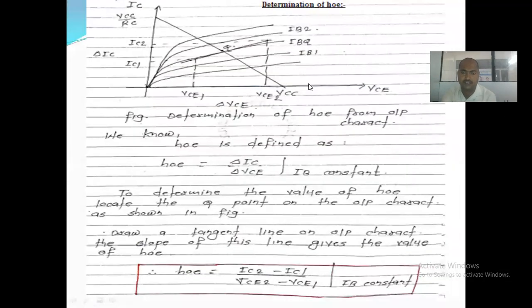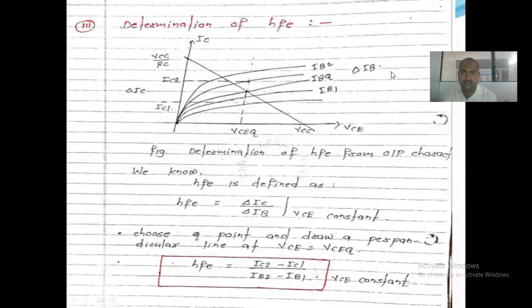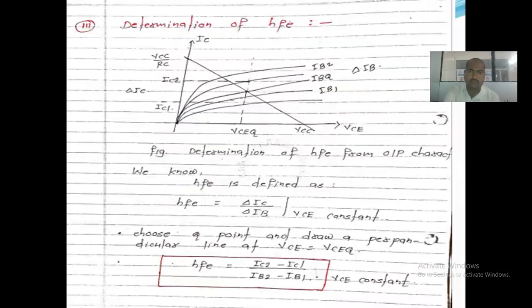See, when we calculate the HAP, HAP indicates that this is the determination of HAP, right? So HAP indicates that this parameter should be related to the output, right?